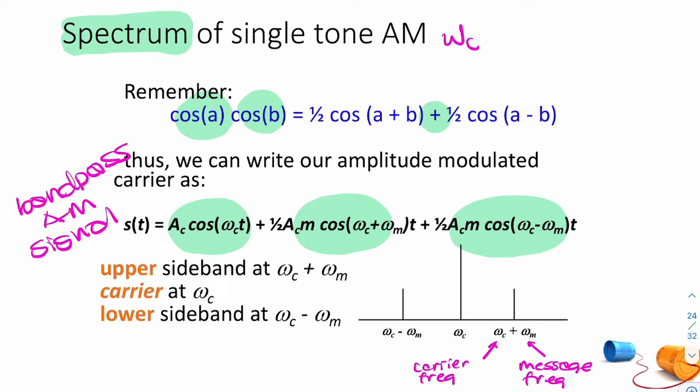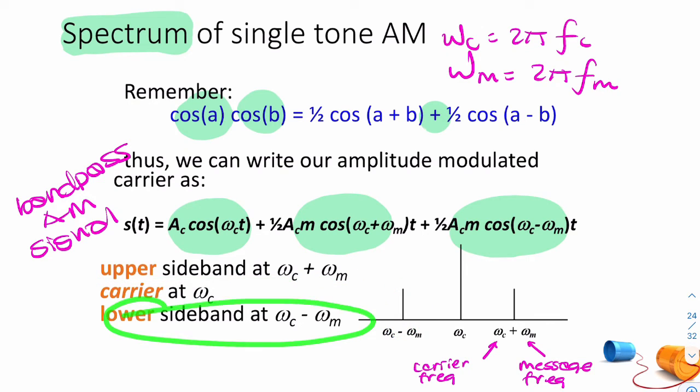Okay, so omega c is 2 pi fc and omega m is 2 pi fm. So we call this the upper sideband. We call this the lower sideband. And we call this the carrier component because it is a component at the carrier frequency. So that's what AM looks like in the frequency domain. That's the spectrum of AM.